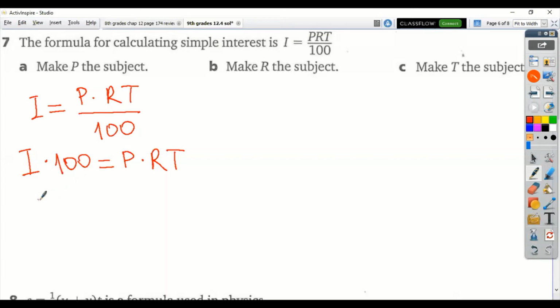I times 100, let me write it as 100I. That means 100 times I, divided by RT, gives us P. We have expressed P in terms of I, R, and T. Better to write P on the left. It's 100I over RT.